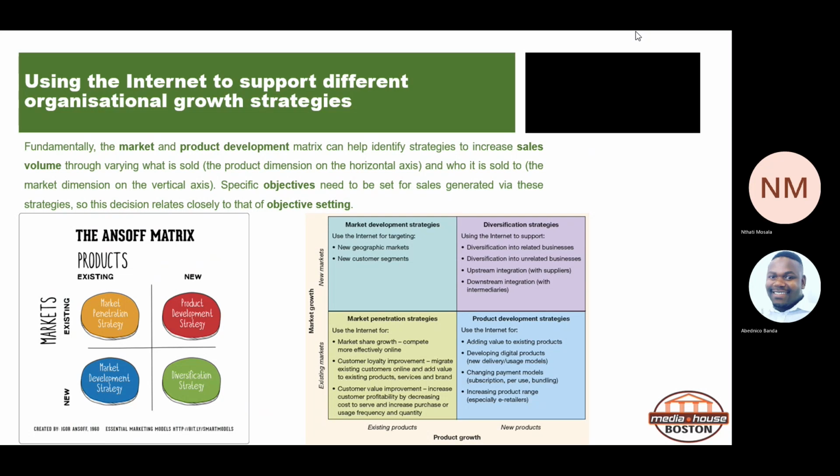Specific objectives need to be set for sales generated via these strategies. So this decision is related closely to that objective setting. When they say that specific objectives need to be set, that's where the performance indicators are used. You need to be able to measure whether these objectives are being achieved or not.